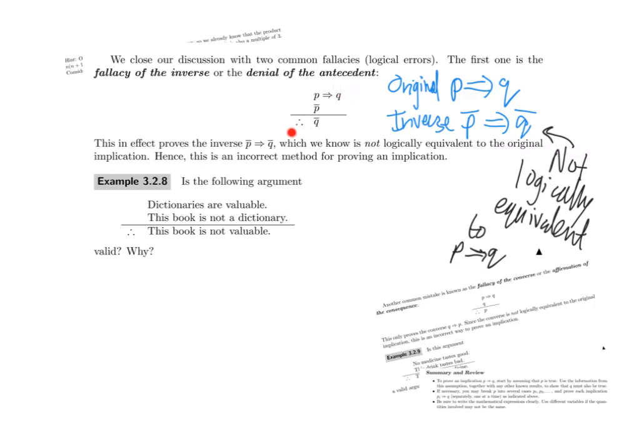If I try to use this as a logical structure, it's in a way trying to prove that the inverse is true, but we don't know that the inverse is true even if we assume that the original if P then Q is true.